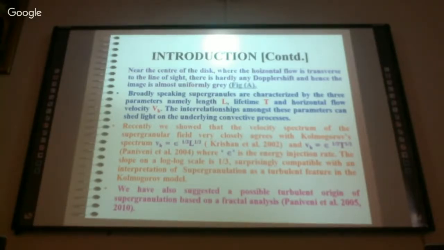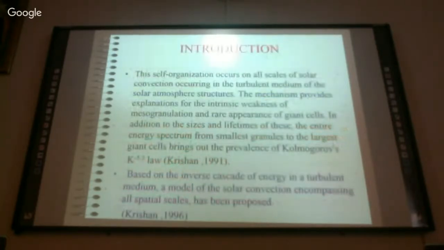We have also suggested a possible turbulent origin of supergranulation based on a fractal analysis. This is again our paper, Binaries' paper in Solar Physics, 2005 and 2010. So the self-organization occurs on all scales, and this mechanism probably provides the intrinsic weakness of mesogranulation and the rare appearance of the highest hierarchical scale of the giant granules.